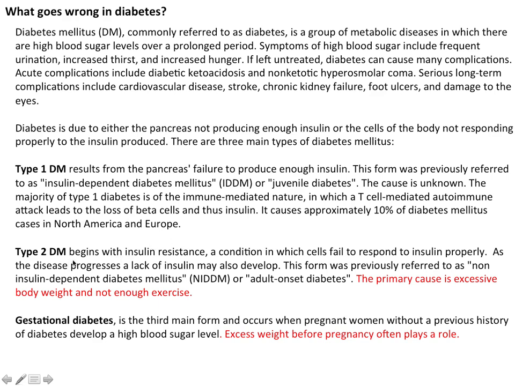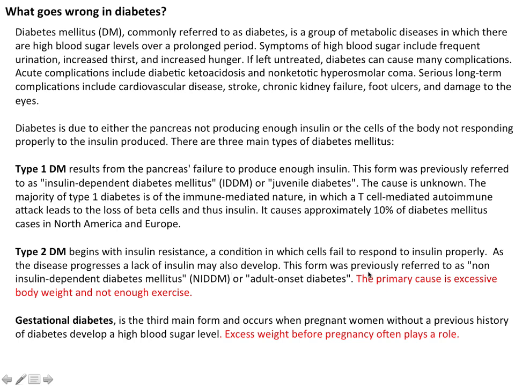Second is type 2 diabetes, and it begins with insulin resistance. Insulin resistance is a condition in which cells fail to respond to insulin properly, and as the disease progresses, a lack of insulin may also develop.